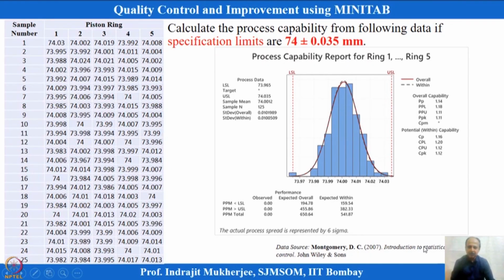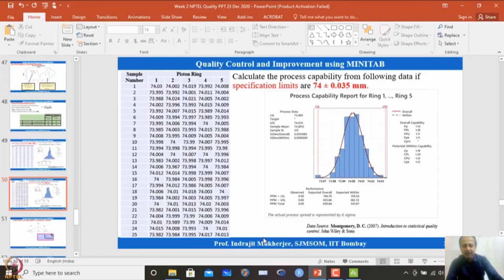We will place this into MINITAB and try to figure out what the value of the CP index is. This is the data that was collected at a given time point. So, piston ring 74, and every time we have 5 subgroups. So, we will calculate the process capability index over here.